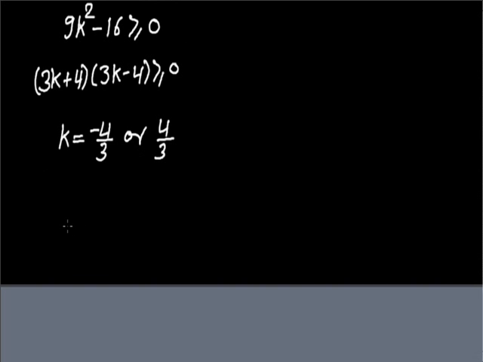Since the sign of the inequality is greater than or equal to 0, the solution is k ≥ 4/3 or k ≤ -4/3. That is the final solution for which the roots of the equation are real. Okay, that's for today. We will solve a few more questions in our next lecture.